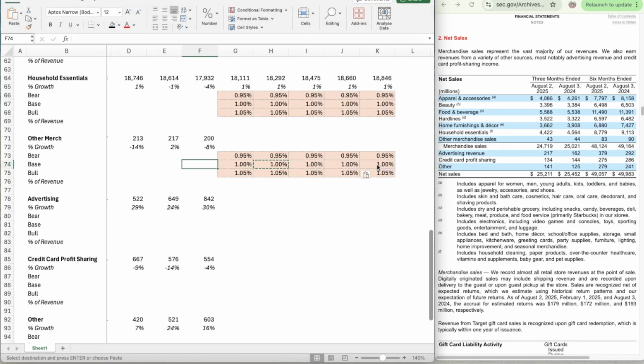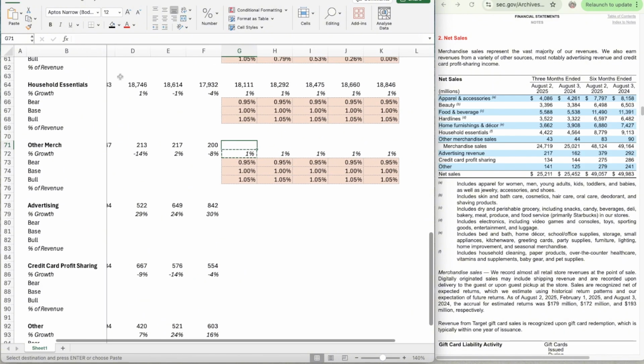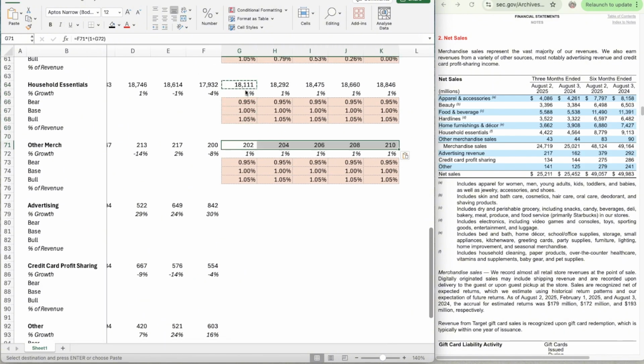I mean, it's got to be able to find some revenue growth somewhere though, because the margin is tiny as it is. So there's not really much room to cut there. So the only thing it can really do is grow the top line.